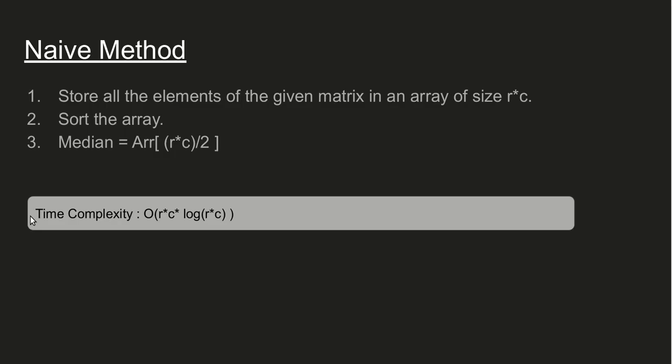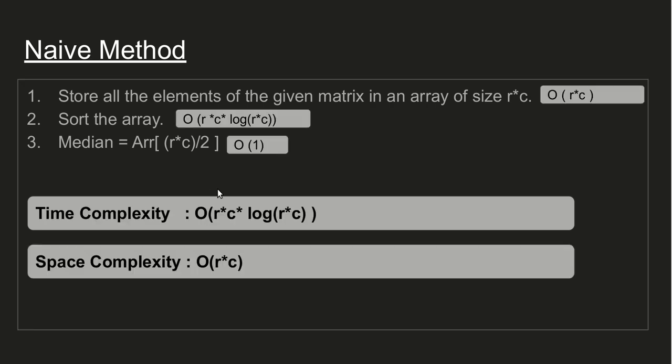The naive method to solve this problem is to store all the elements of the given matrix in an array of size R cross C. Then sort the array. Now simply the median is given by the array element at index R cross C by 2.